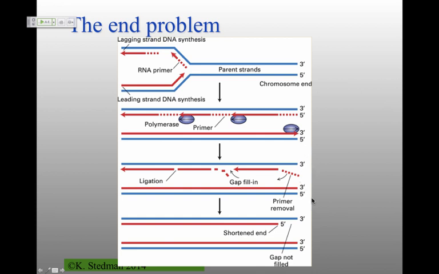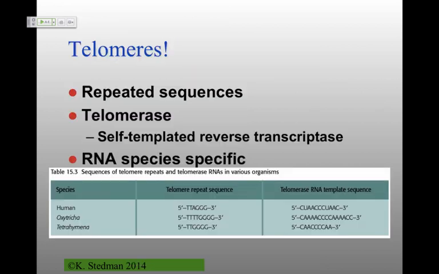Now, the way that we have dealt with these linear chromosomes, and pretty much most organisms with linear chromosomes, is making telomeres. And so telomeres are just the sequences that you have at the end of your linear genomes. All they are is highly repeated sequences. And it depends on what organism you happen to be, what that repeated sequence is.